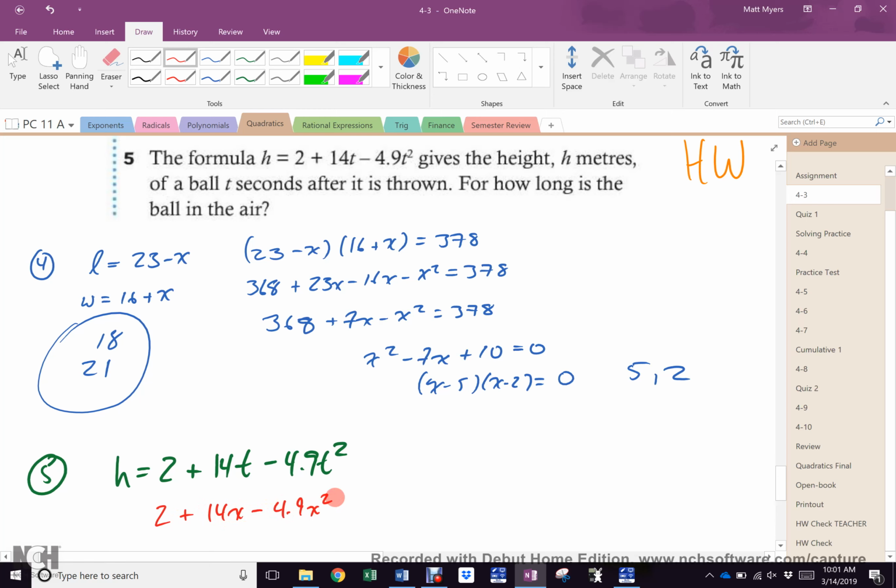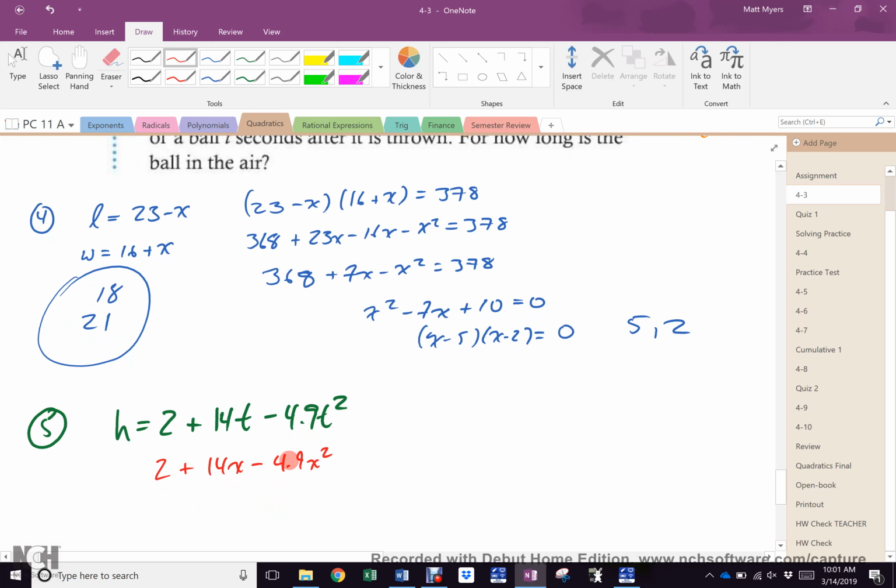Doesn't it? Which would make this A, B, or C. A. Why is this A even though it's on the right? Because it's with the squared. There's A. What does that make this? B. What does that make this? C. Now all of that, X is my input, isn't it?